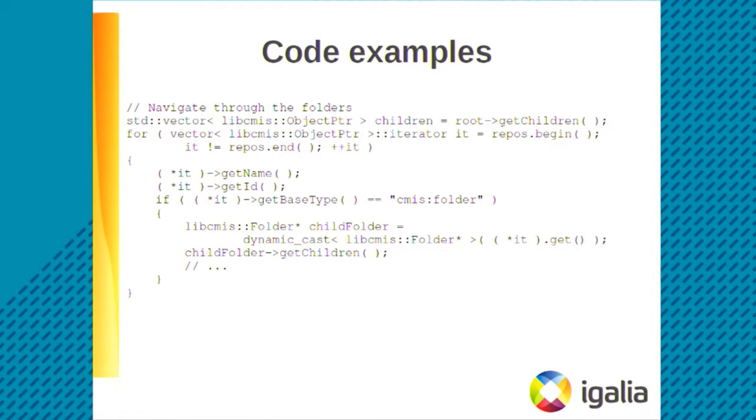You will have a CMIS folder and CMIS document corresponding to the two basic types. And once you know that your object is a folder, you can cast the object to a libcmis folder, and then call the getChildren method again and continue browsing the contents.